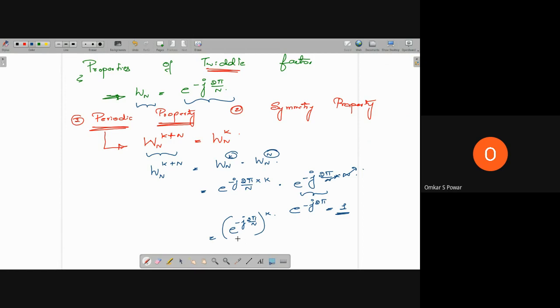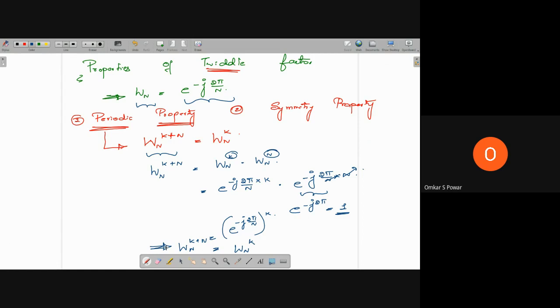This is nothing but omega n of k, because omega n is equal to e power minus j 2 pi by n. Therefore, omega n of k plus n is equal to omega n of k. So this is the periodic property of Twiddle factor.